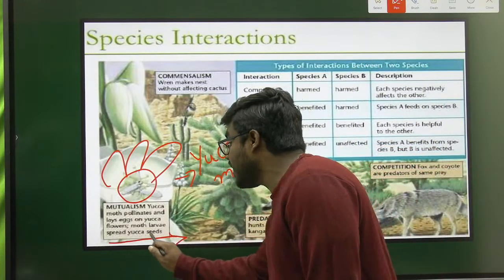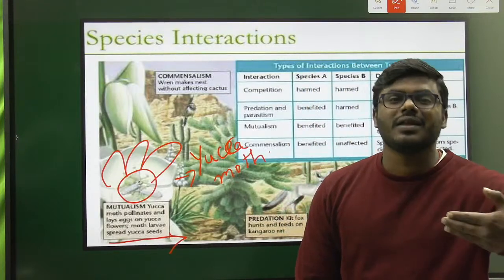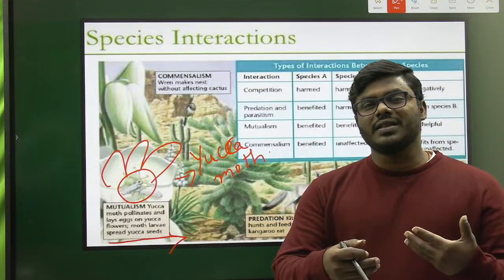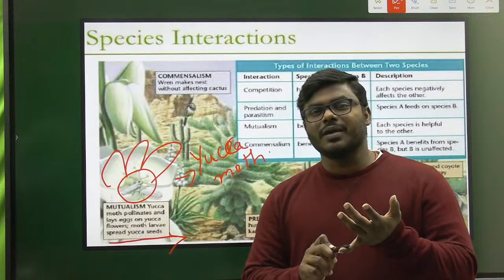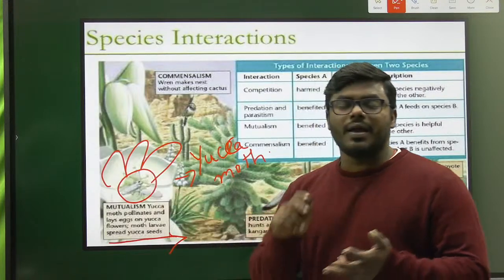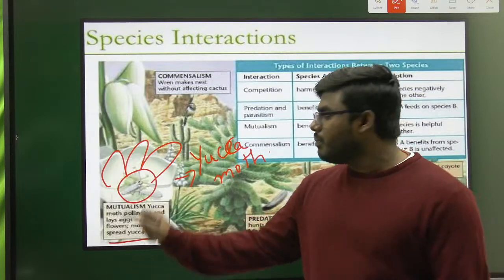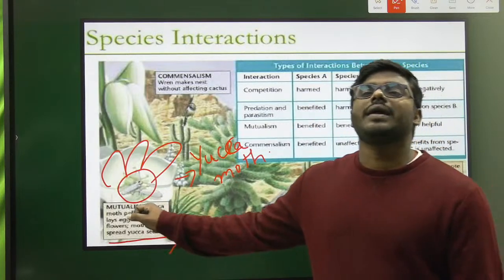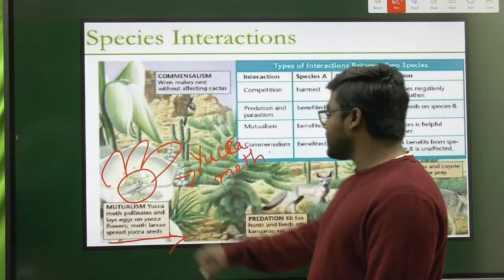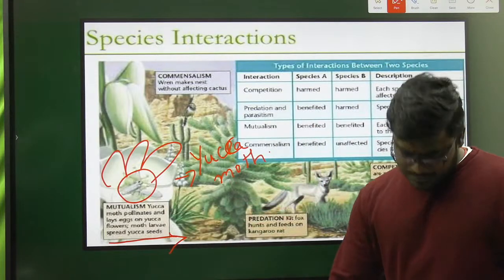It is going to spread the yucca seeds continuously. Because it is spreading the yucca seeds, the flower is getting benefited, and since it is laying its eggs, the moth is also getting benefited. So both organisms equally get benefited, which we call a mutualistic relationship.